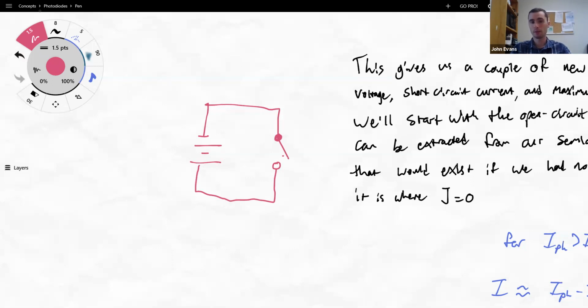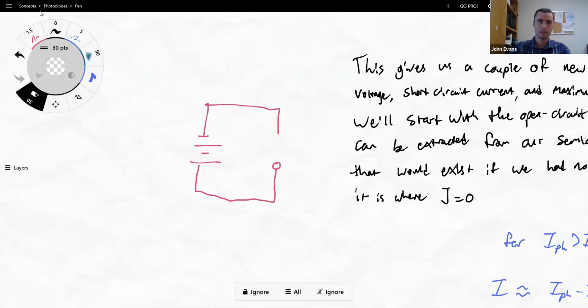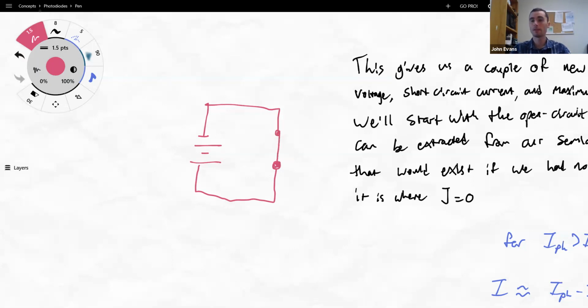If I close this, what I've done is I've shorted the circuit. What that means is that current is able to flow freely, and we're going to get the maximum amount of current we possibly could. And we're going to say that there's no voltage there.